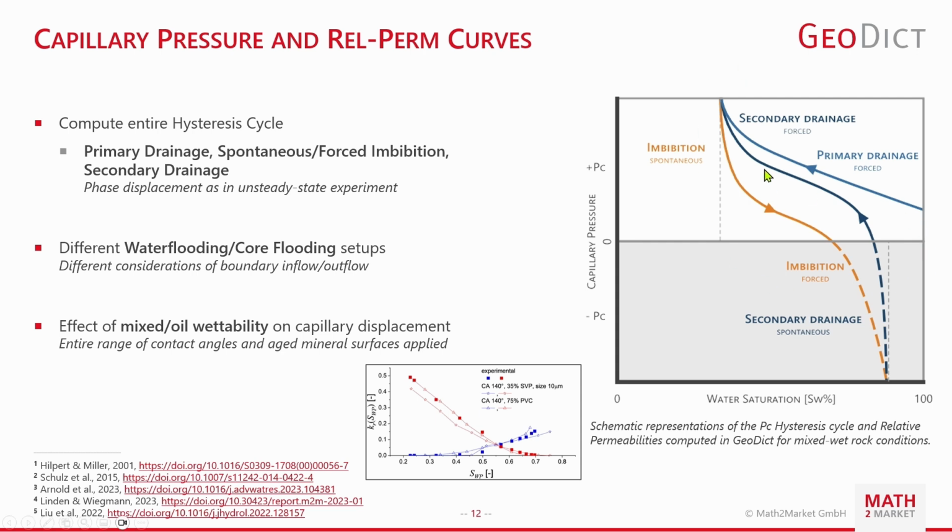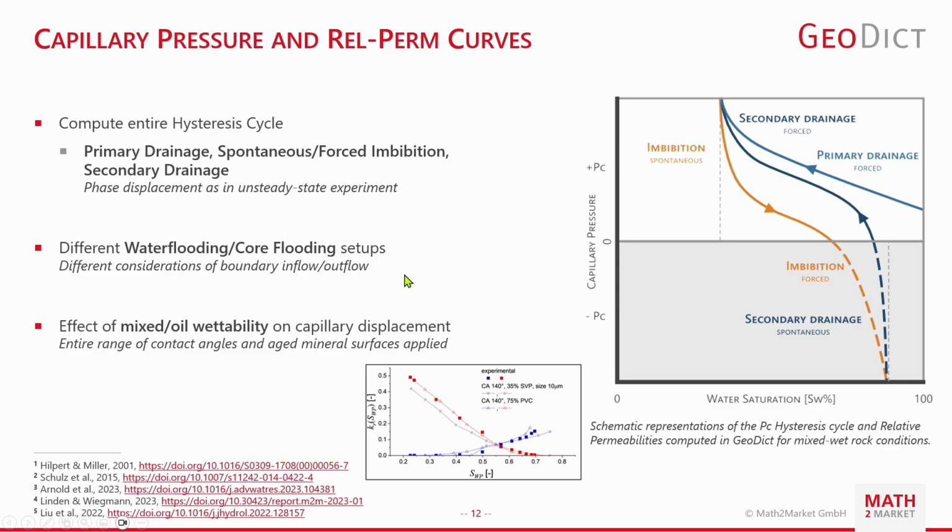This is done in the way illustrated here in the image on the right side, where first the primary drainage is computed and then both spontaneous and sometimes forced imbibition, if the wettability of the rock is mixed wet or oil wet.